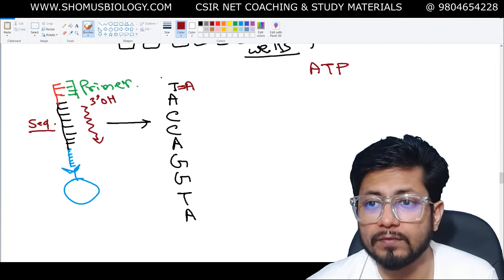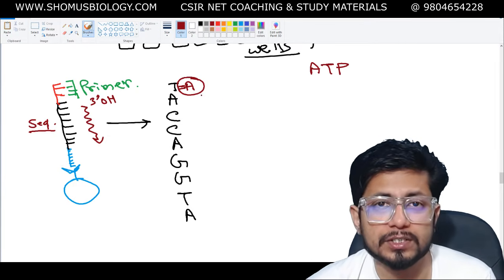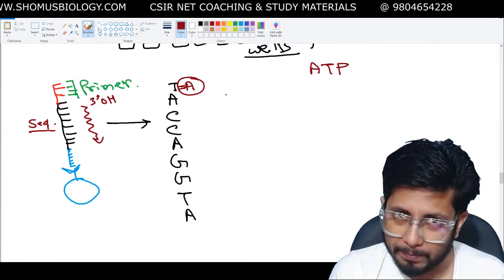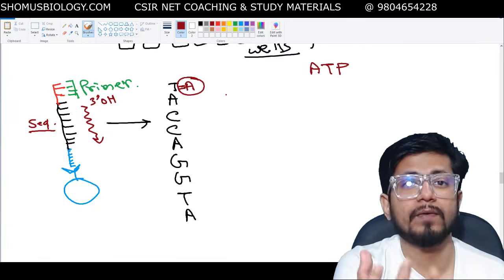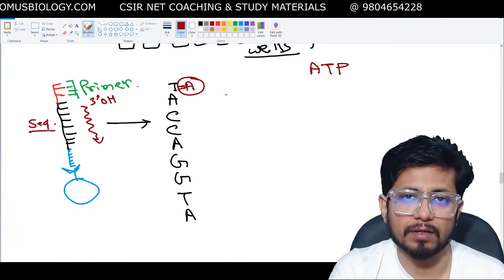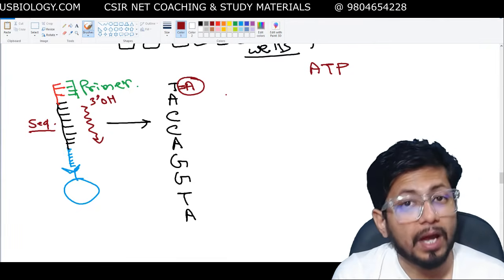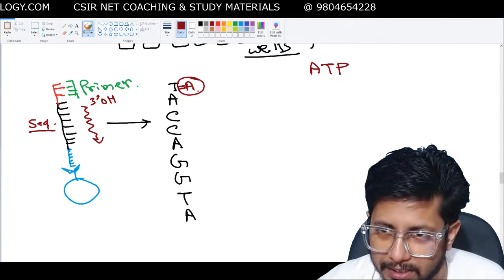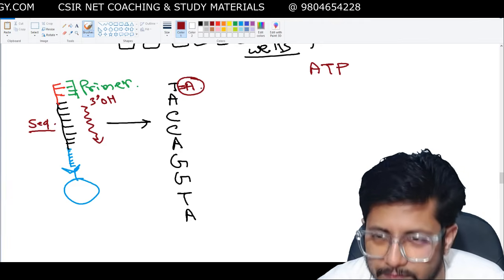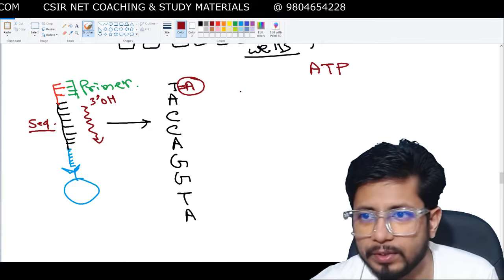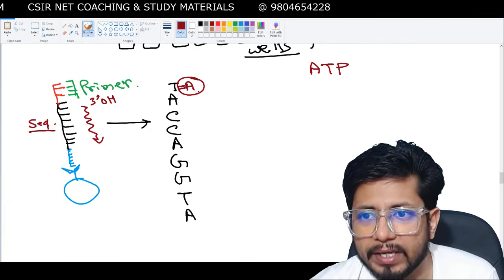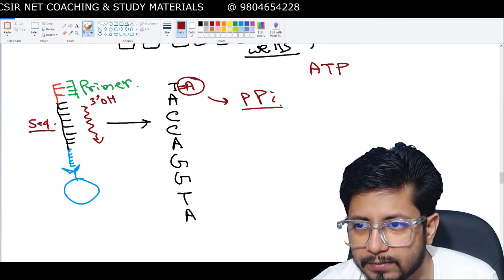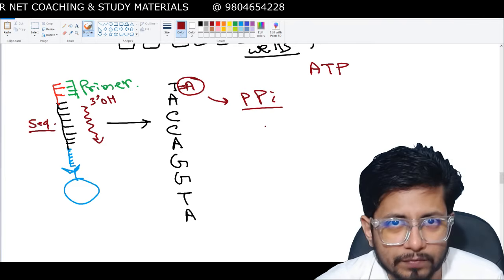How do you get a signal from a normal dNTP which is not fluorescently tagged? We use light. Remember I told you, we use light coming out from the beads to detect the presence of a particular nucleotide. How do you do that? Now when a successful interaction is done, whenever a successful addition of nucleotide is done, it releases PPi, pyrophosphate.